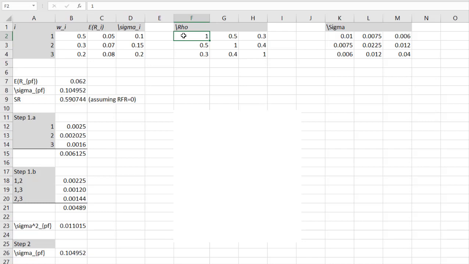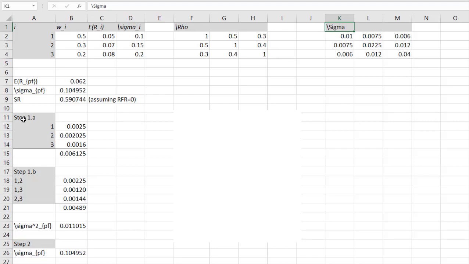Correlation 1, 1 is 1. That's not relevant for us. The correlation between 1 and 2 is 0.5. The correlation between 1 and 3 is 0.3. And the correlation between 2 and 3 is 0.4. What you can see here is the so-called variance-covariance matrix, which we have not used in our example.